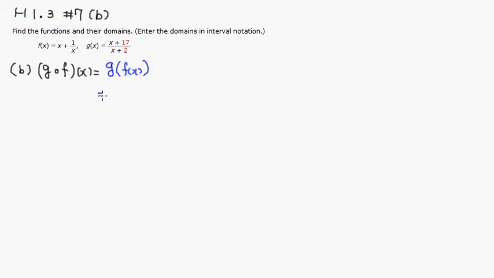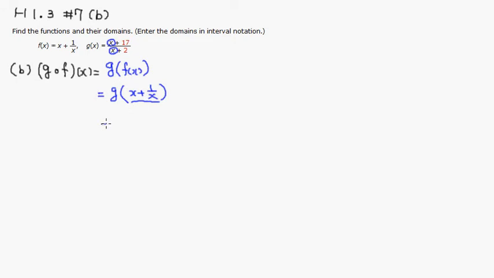So we have to work from inside out. f of x is x plus 1 over x. So we have that. Now, whenever you see x here, we're going to put x plus 1 over x. And whenever you see x here, we're going to put x plus 1 over x.